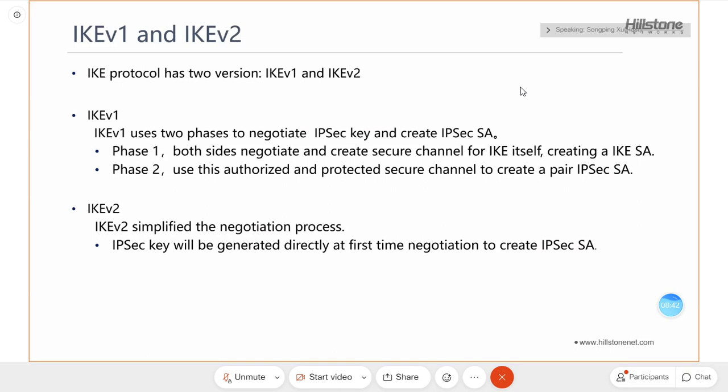And phase two will use this authorized and protected secure channel to create the IPsec SA. And IKE version 2 simplifies this negotiation process, that the IPsec key will be generated directly at the first time negotiation and then create the IPsec SA. So that is the difference between the original IKEv1 and IKEv2.